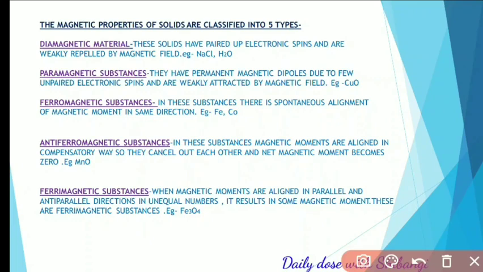The paramagnetic spins can be shown in this type. So you can see that there are a few unpaired electronic spins. An example is copper oxide.